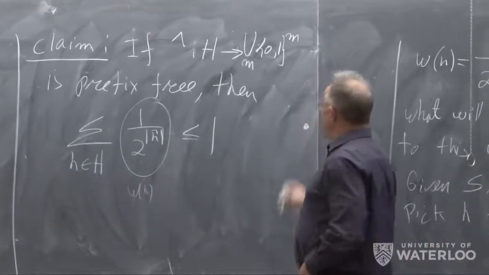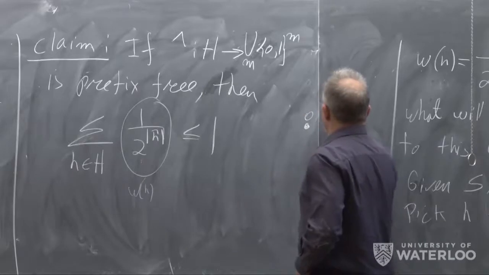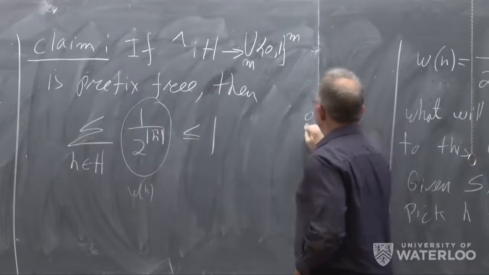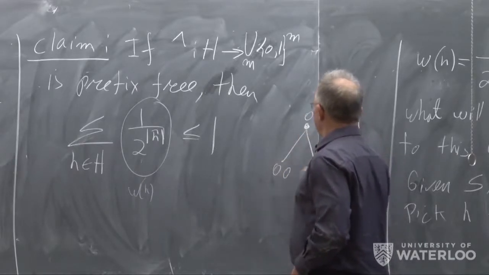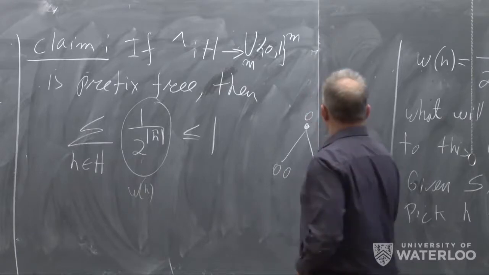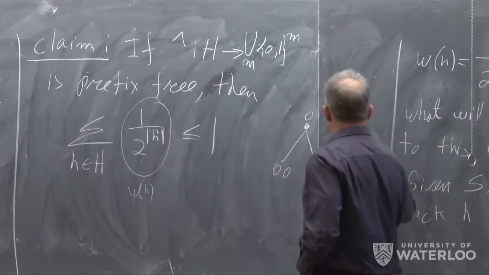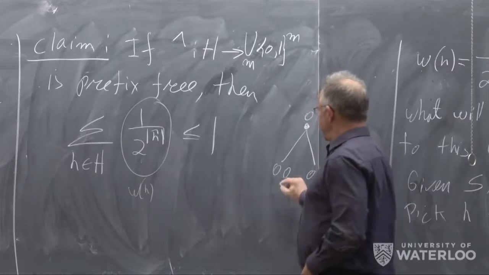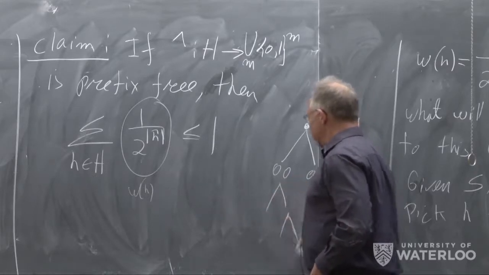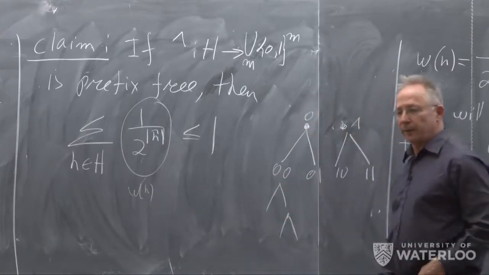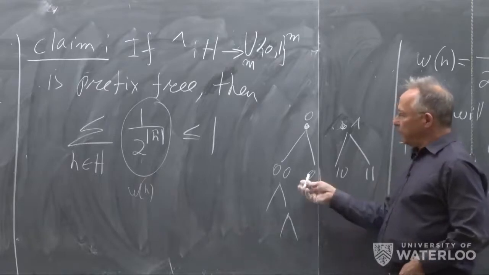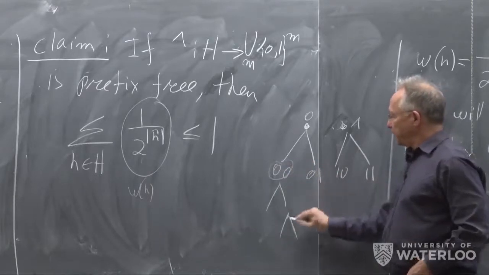I have the string 0 and I have the string 1, and below them I have the strings 0, 0 and 0, 1, and below this I have the strings 1, 0 and 1, 1, and so on. And now assume that I have a collection here which is prefix free.